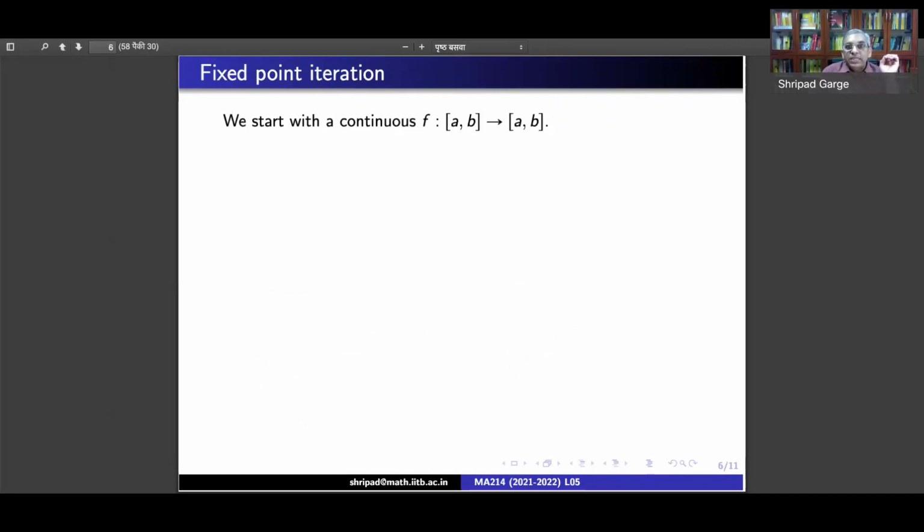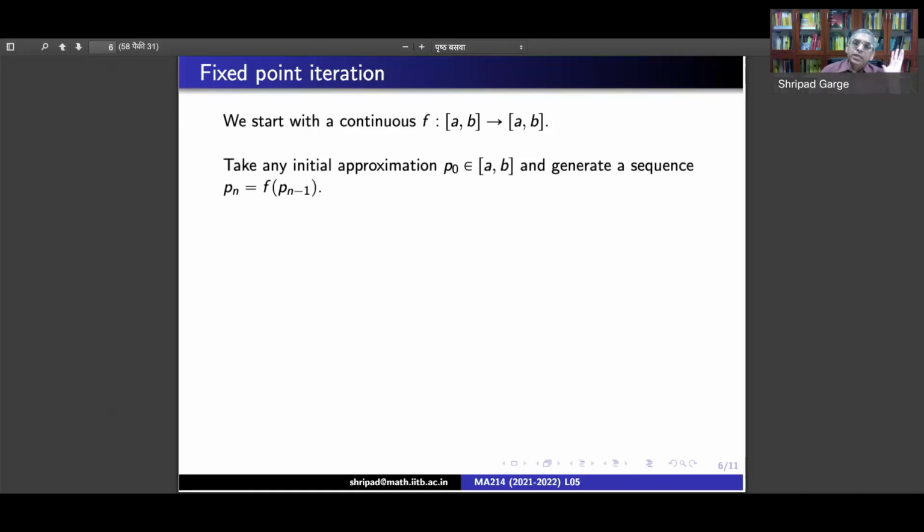What we do is that we start with a continuous function from [a,b] to [a,b]. You take any initial approximation, whatever you want, and then generate a sequence by applying the function f to the points that you keep getting.